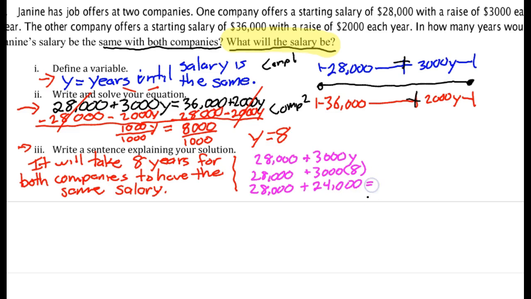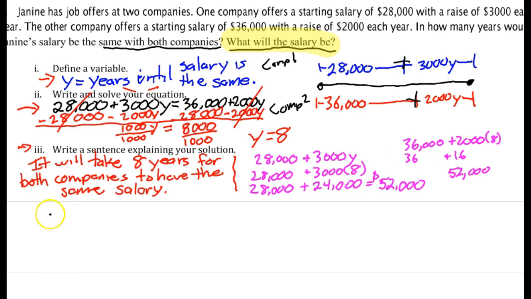That equals, let's see here, 28 plus 24 will be 52,000 dollars. And if we did the same thing with company 2, you don't have to do both, just making a point, that if you understand what your answer means here, you already know that it's 36,000 plus 16,000, which is also 52,000. It's the same answer. It's when they're the same.